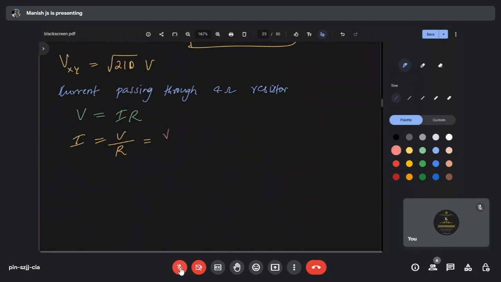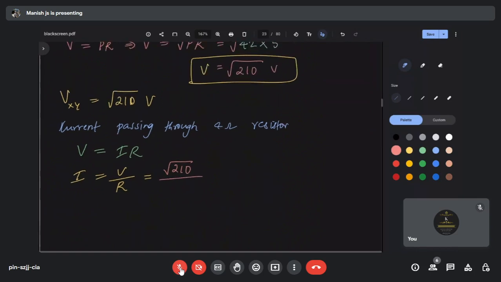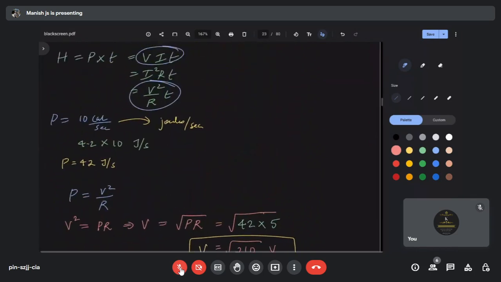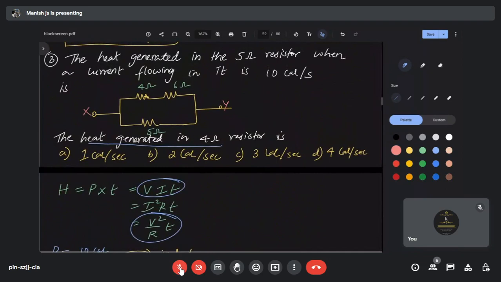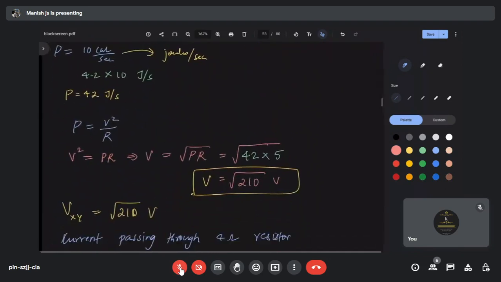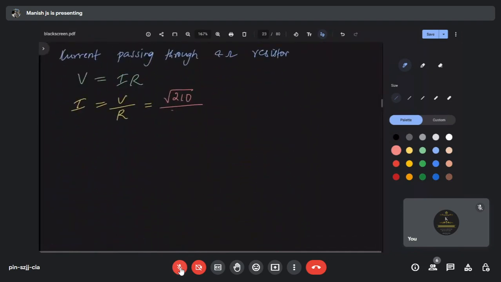V ஓட வேல்யூ பாத்தீங்கன்னா is root of 210. Resistance வந்து there are two resistors. You have both 4 and 6, isn't it? So you need to put 4 plus 6 because they are in series combination. So under root of 210 upon 4 plus 6 is basically 10. So root of 210 upon 10 amperes. So that is the current.